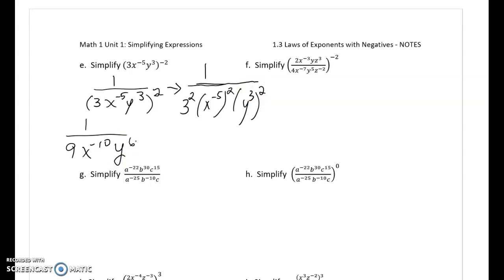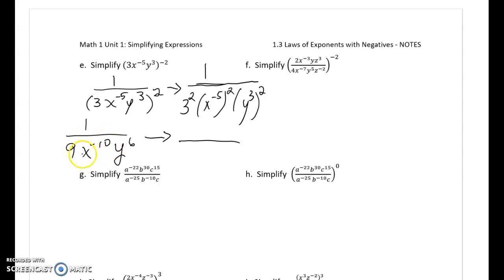Now we're not quite done with this problem, because we still have a negative exponent as part of our expression. Again, it's just here with the x. Right here we have x to the -10 as an exponent. So we're going to apply that negative exponent rule one more time here at the end, where we are going to flip that base that has a negative exponent into the reciprocal.